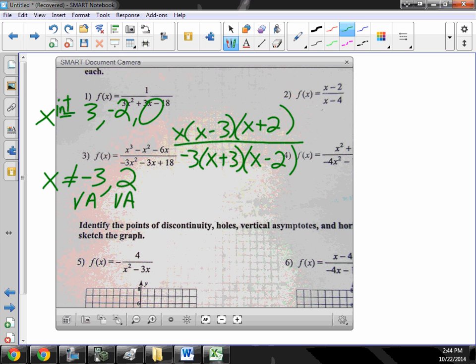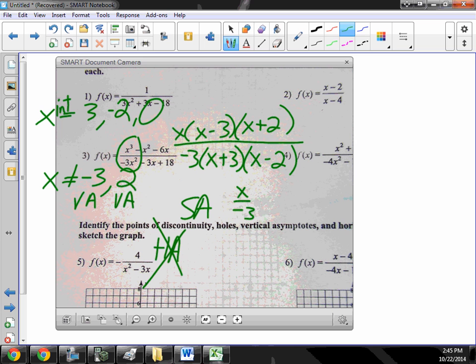Got that? What about my HA? I divide these, and what do I get? x over -3. Is that a horizontal line? It's a slant. So it's not an HA. It's an SA at x over -3.